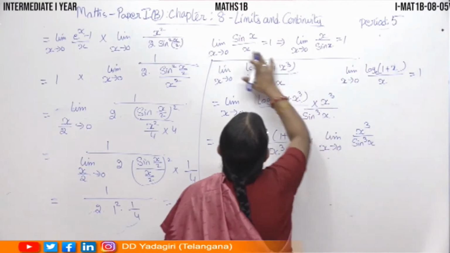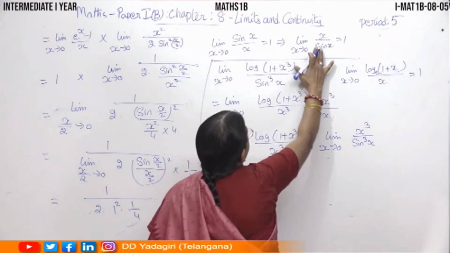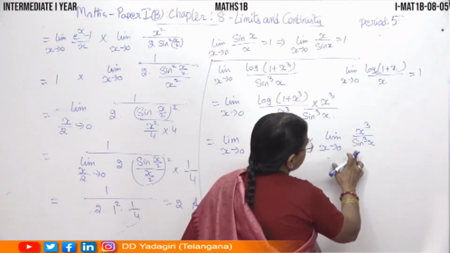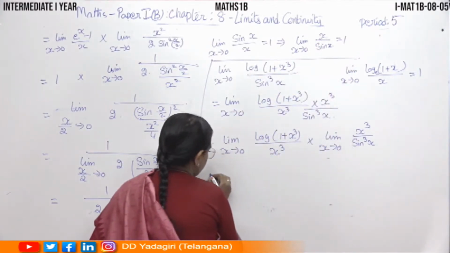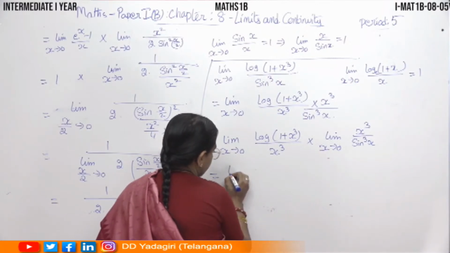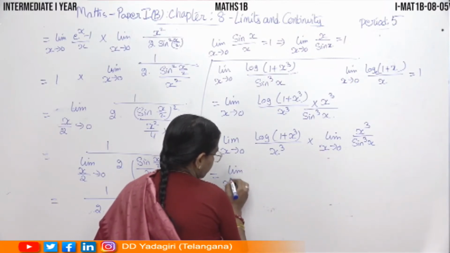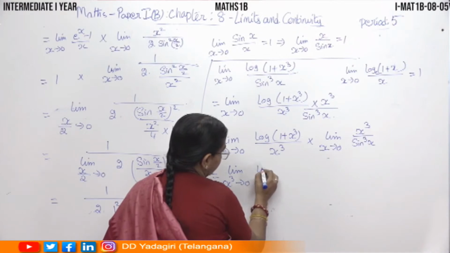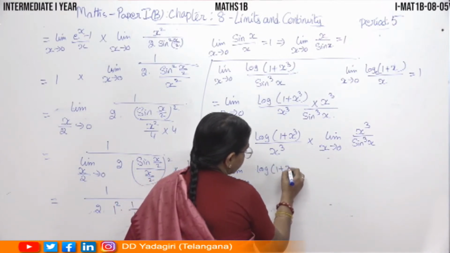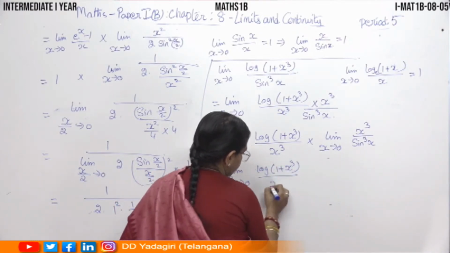So x cube into limit x tending to 0 of x cube by sine cube x. Now as I said, sine x by x tends to 1, and x by sine x also is equal to 1. So you can write this as limit x cube tending to 0 of log of 1 plus x cube by x cube.